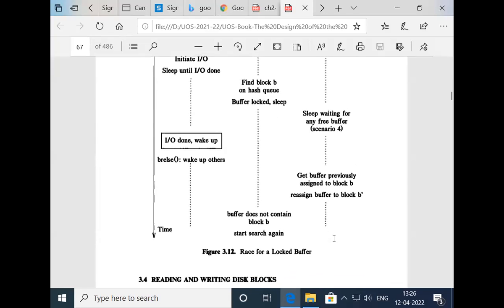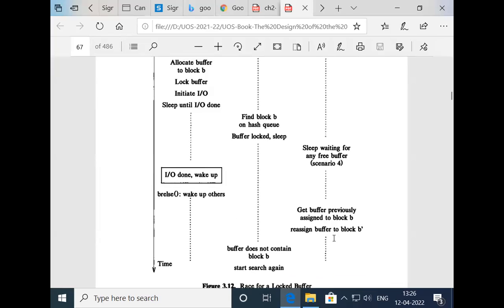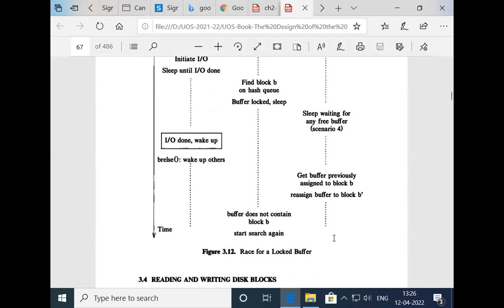Name of this diagram is race for a locked buffer.